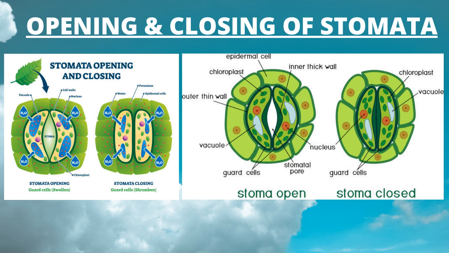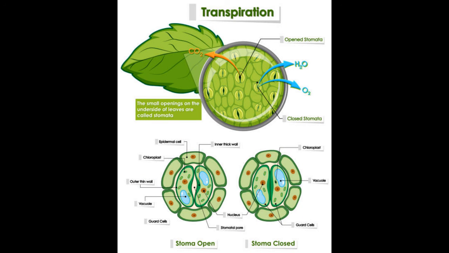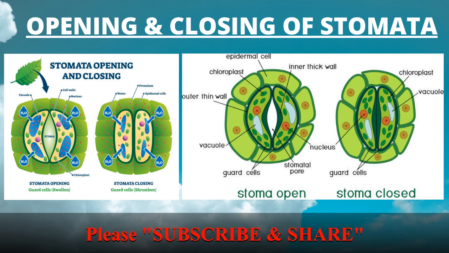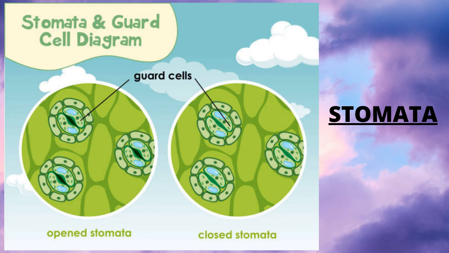Do you know for what reason the stomata gets closed? Since large amounts of water can also be lost through these stomata, the plant closes these stomatal pores when it does not need carbon dioxide for photosynthesis. On the other hand, when the leaves are filled with water, the guard cells swell and become turgid, and the stoma gets opened.